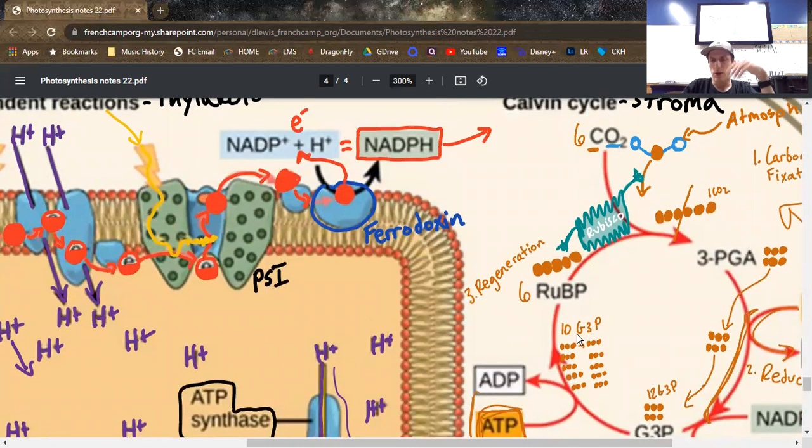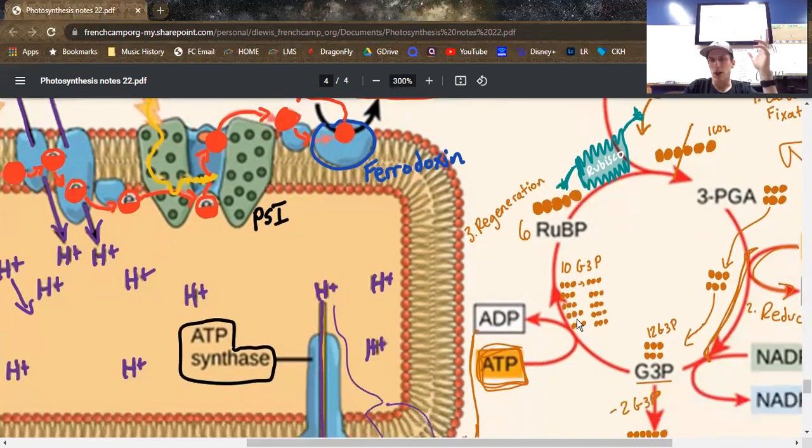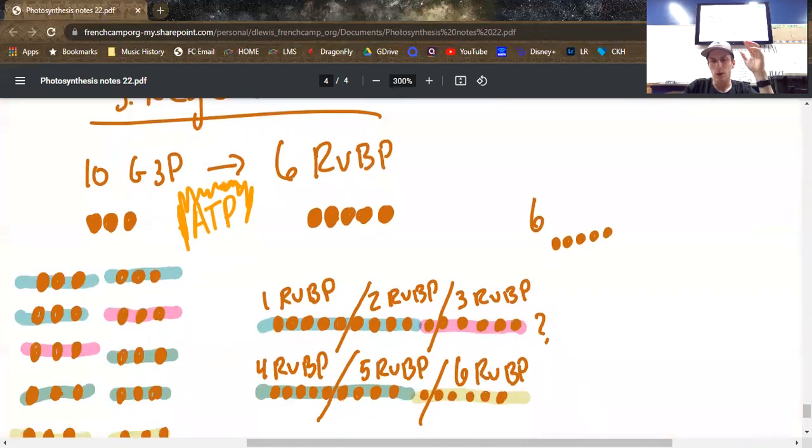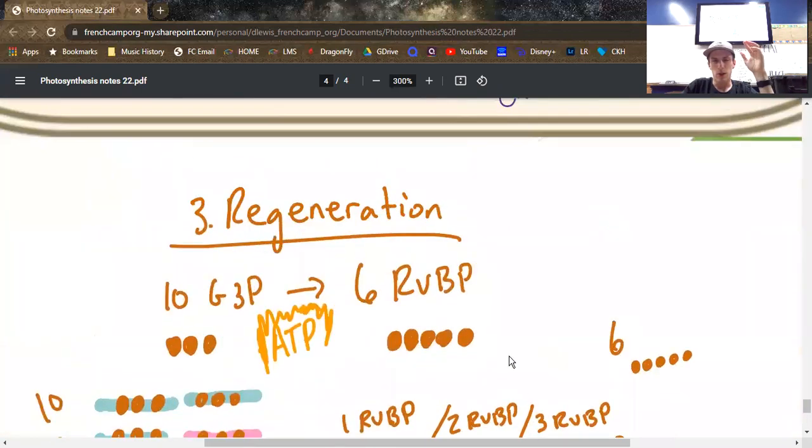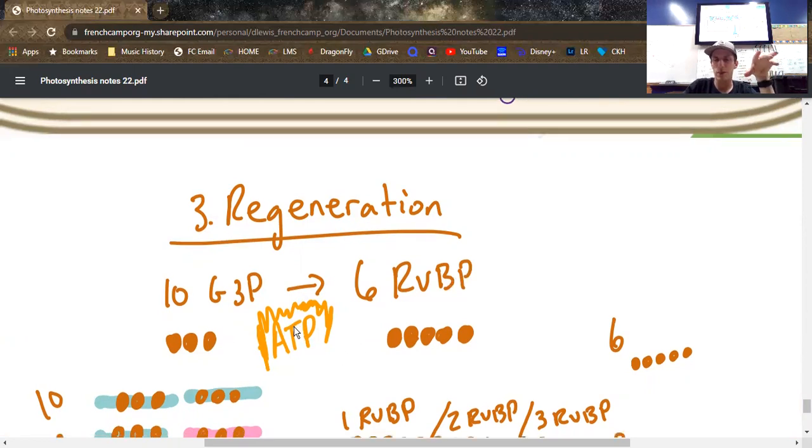And so now the conversion back, the regeneration, we're going to be moving from essentially 10 G3P to 6 RuBP. So we're going from 3 to 5 with the help of ATP.